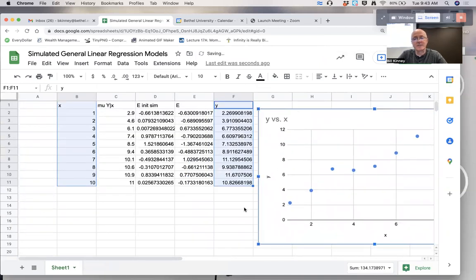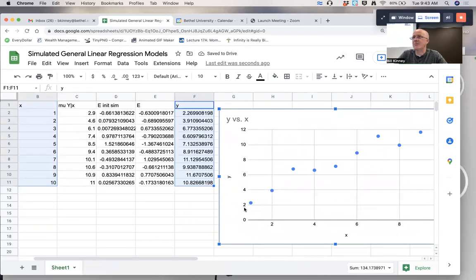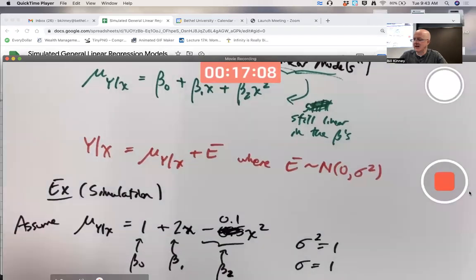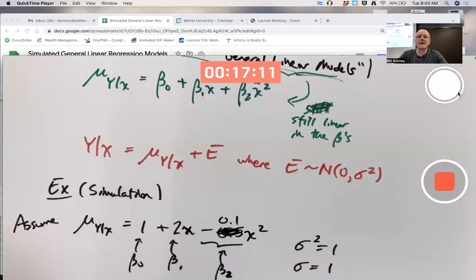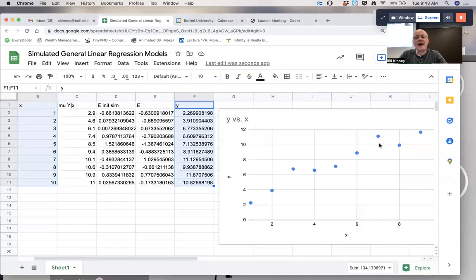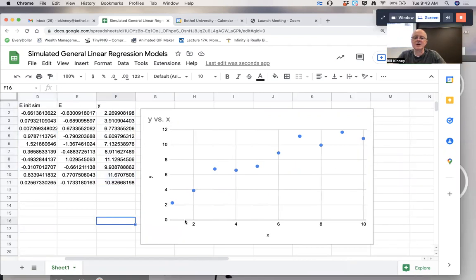With this particular simulation, in part because I changed beta 2 to -0.1, pretty close to 0, that wouldn't be too far from being well fit by a linear model. If you pretend this is real data and you were looking at this initially, you'd probably try a linear model, right?